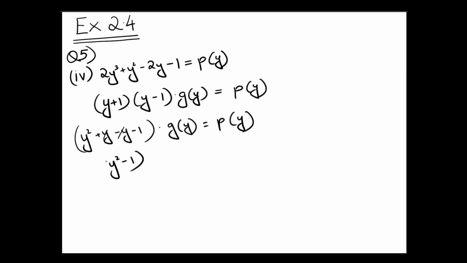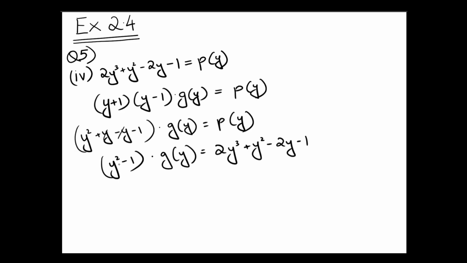This gives me y square minus 1 into g of y is p of y, which in this case is the polynomial given in the question, 2y cube plus y square minus 2y minus 1.